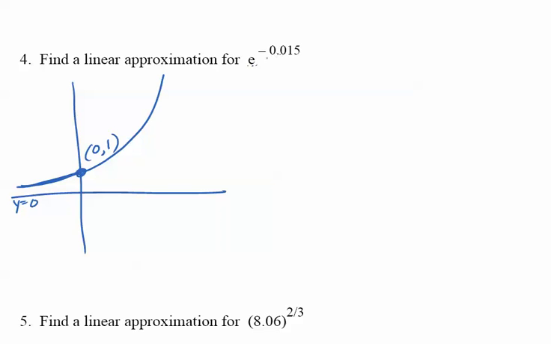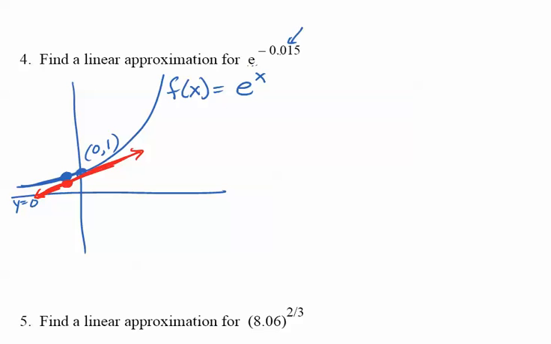We're looking for the place where the x coordinate, if we use the e to the x graph, is where the exponent is negative 0.015. So we're looking for a point, and I'm exaggerating the distance here, it would really be very, very close to that 0, 1 point. So that 0, 1 point is where I'm going to draw my tangent line, and I'm cheating a little bit here to make it visibly different than the blue graph.